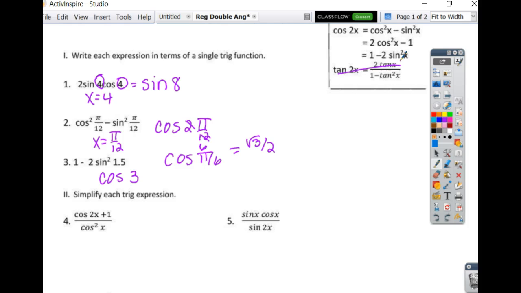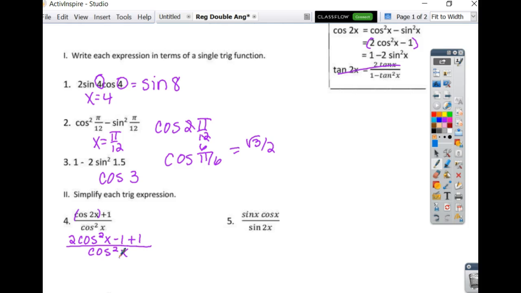Well, there's 2 of them, the top one and the second one. But the top one has sine in it. We probably don't want a sine. So let's use the second one. And I'm going to substitute this in for the cosine of 2x. All I'm going to do is take this and put it for this. Okay, that's all I did.